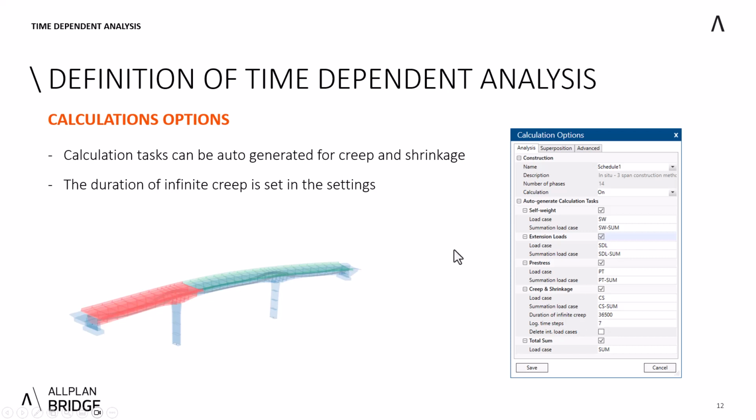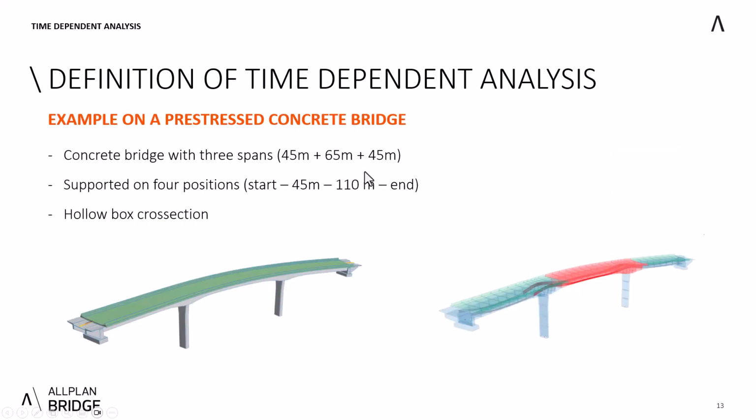So to do a short recap, we have been going through these basic parameters. We've been talking about material values, about concrete, about relaxation, about environmental factors, about some basic settings, and then about calculation options. But now let's take a look at an example. So here we have an example of a pre-stressed concrete bridge. You may know this example.